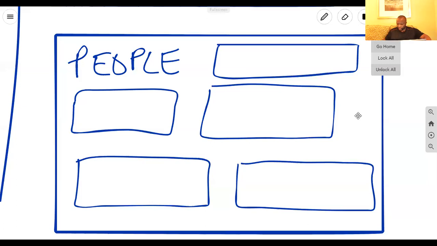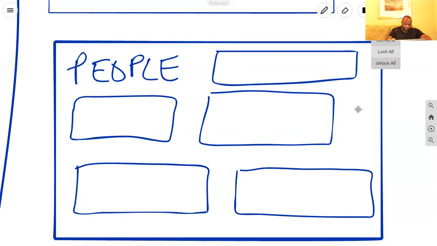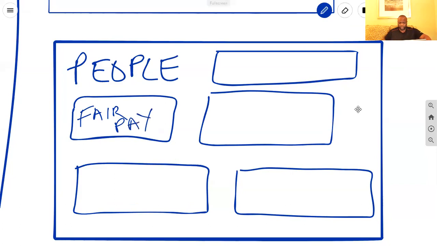And when you think about the people elements, one, people should be paid fairly for work performed. So we can have fair pay in here. Okay, that is one of the management elements we're talking about. Fair pay, people paid fairly for work performed.